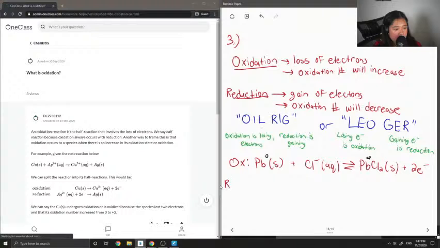and this is an example of an oxidation reaction. If I wanted to write out a reduction reaction, let's say I had silver chloride. So when you have a reduction reaction, your electrons are the reactants. So that shows that there is a gain of electrons.